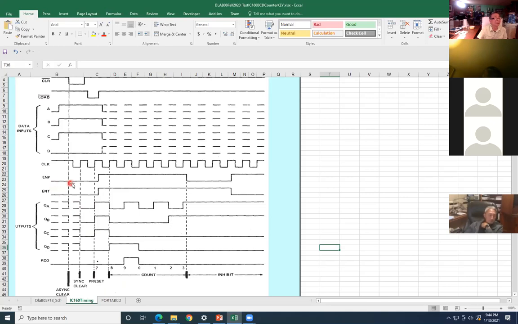When you are loading, they are supposed to be 0. When you clear, they are supposed to be 0. However, when you start counting, they must be 1.